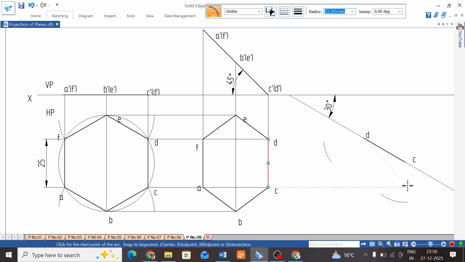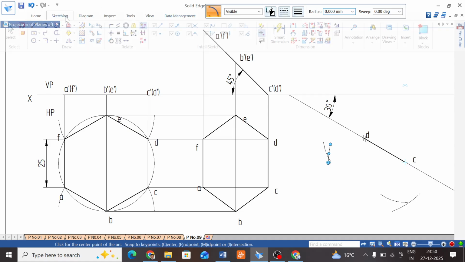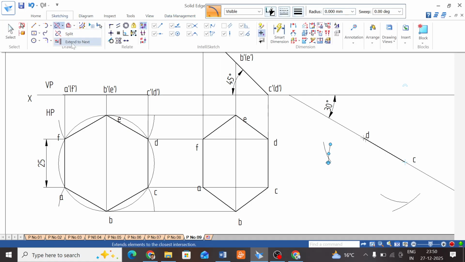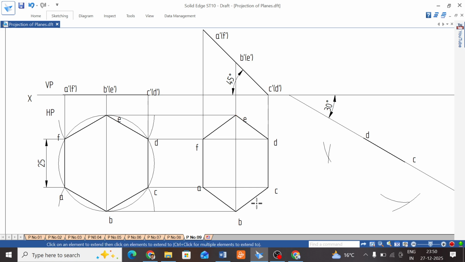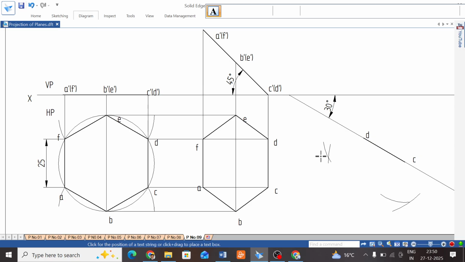Radius is 40, cut this side, and again from C, radius is 40, cut this arc. Now you got those E and B. To avoid confusion, once you get those points, name them. This point is our E. This is our B point.